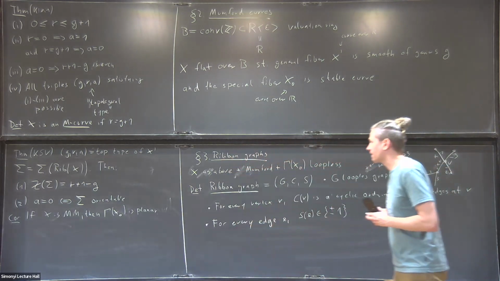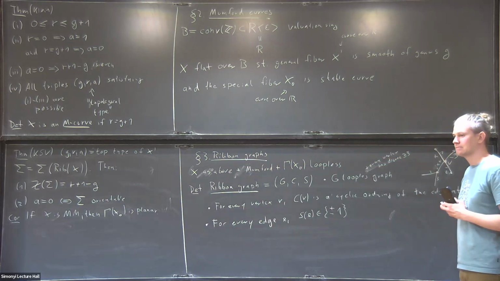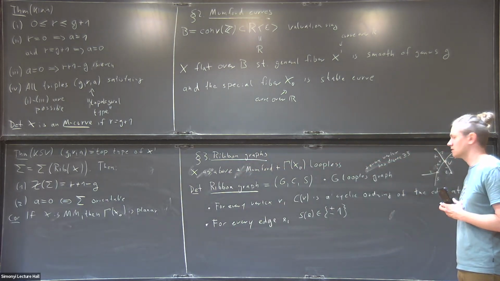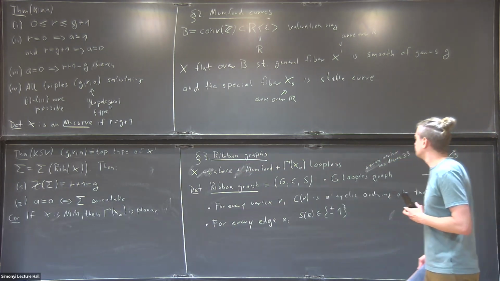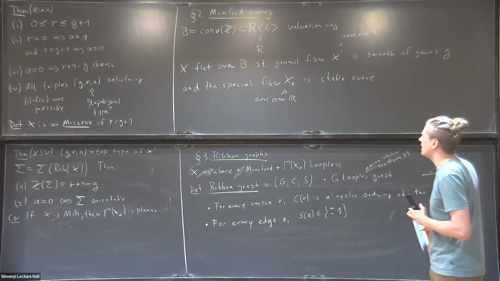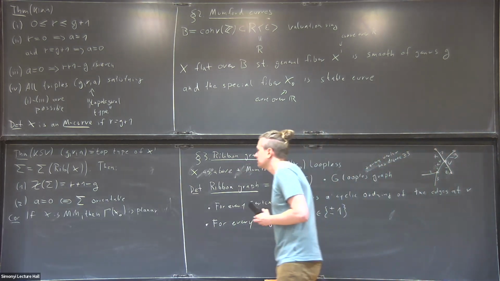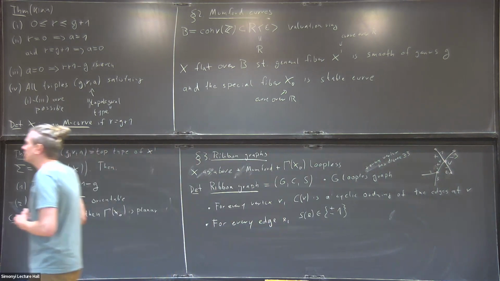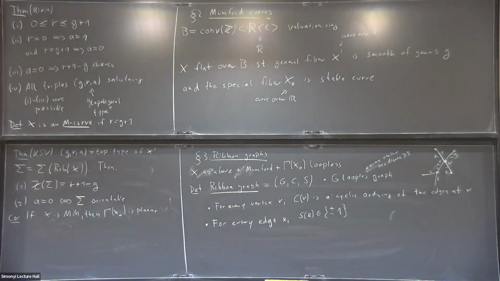So if your graph comes from this way, automatically every vertex has degree 3? Every vertex has degree at least 3 by the stable condition. It has degree exactly 3, right?